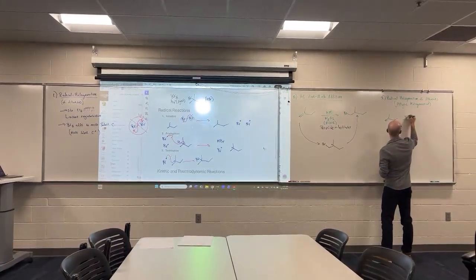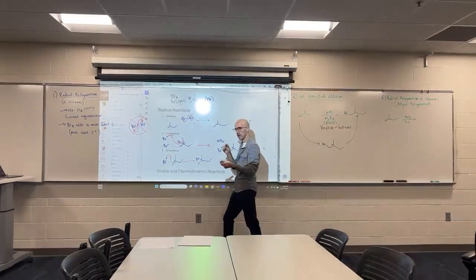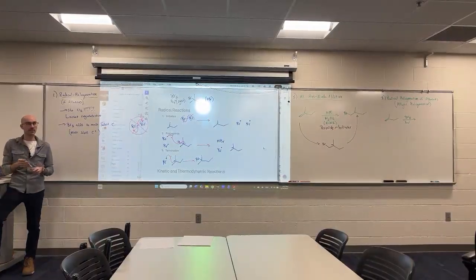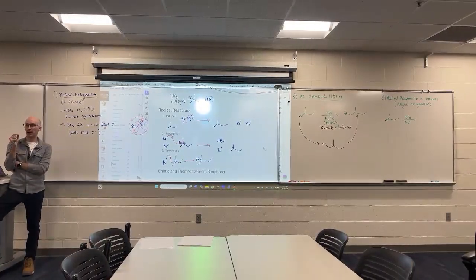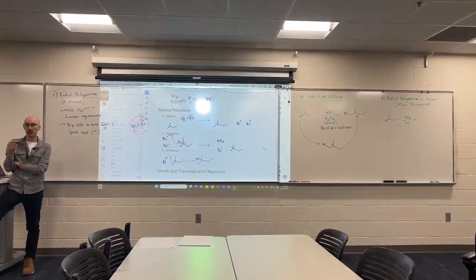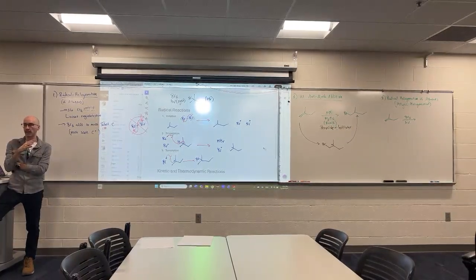Once again, we'll react with Br2 and light, but this time we're not in the presence of an alkane, we're in the presence of an alkene. So the most stable radical position is not on the most substituted carbon, it's on the most substituted allylic carbon. There are two carbons that are allylic. One of them is more substituted than the other.